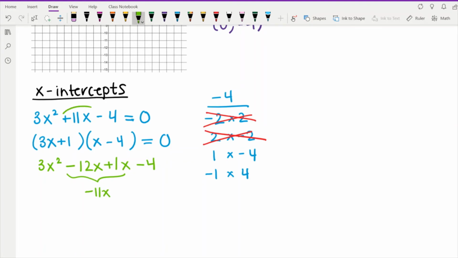But we want +11x. And so all that tells us is we just need to flip the signs. So if we make this one minus and this one plus, then when we multiply them together, we'll get 3x squared plus 12x minus 1x minus 4. And so that will give us what we're looking for. So that is the correct factorization.